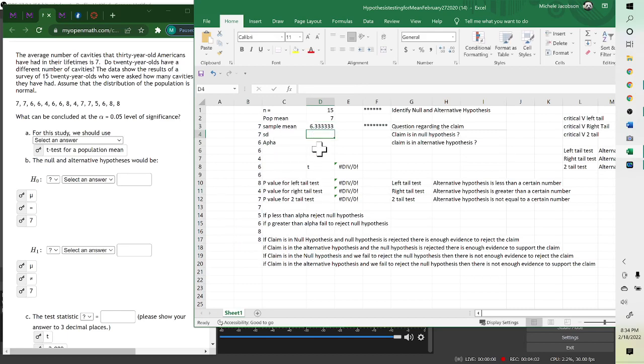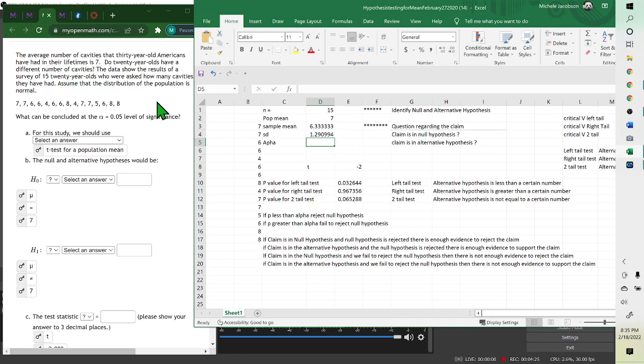Standard deviation, same thing, ST. Oops, put your equal sign and then ST. There's 2 standard deviations, a population and a sample, so we double click the sample because this is a sample, not the entire population. And then we hit enter, and there's our standard deviation.